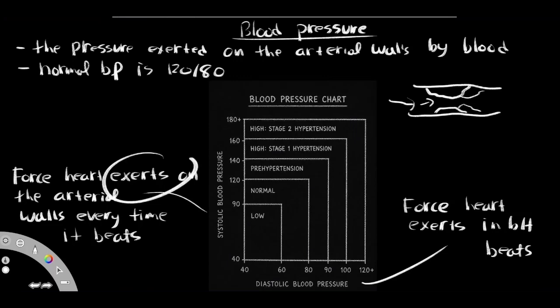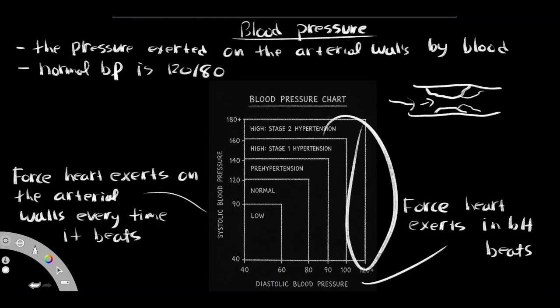If your heart doesn't exert much force, then the blood isn't going to be able to get through as fast, and then you can get a heart attack. So individuals who have systolic and diastolic pressures in these ranges are very prone to heart attacks and be in danger zones of atherosclerosis.